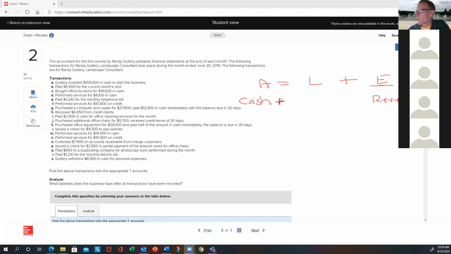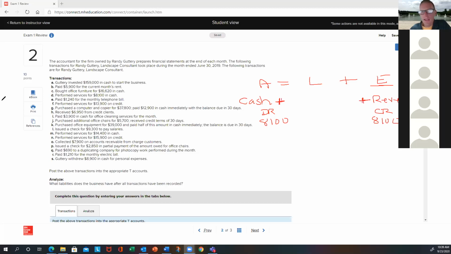Is revenue increasing or decreasing? Increasing. They're both increasing. So how do you increase an asset? The rule is debit. How do you increase revenue? With a credit. And so there you go. You got a debit for 8,100 for cash, and you're going to have a credit of 8,100 for your fees income revenue.